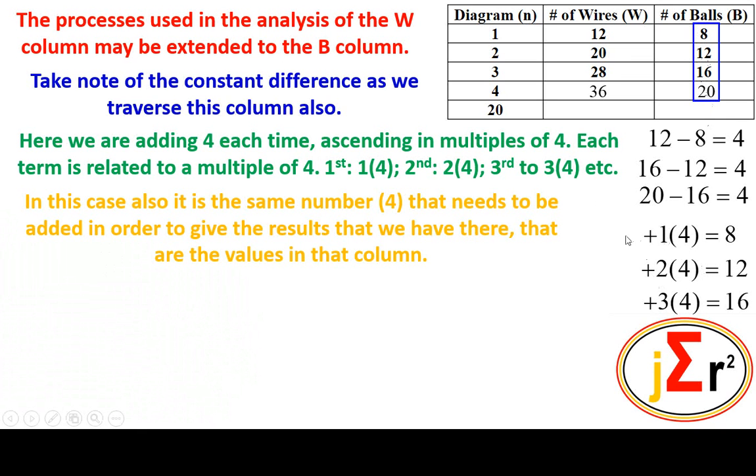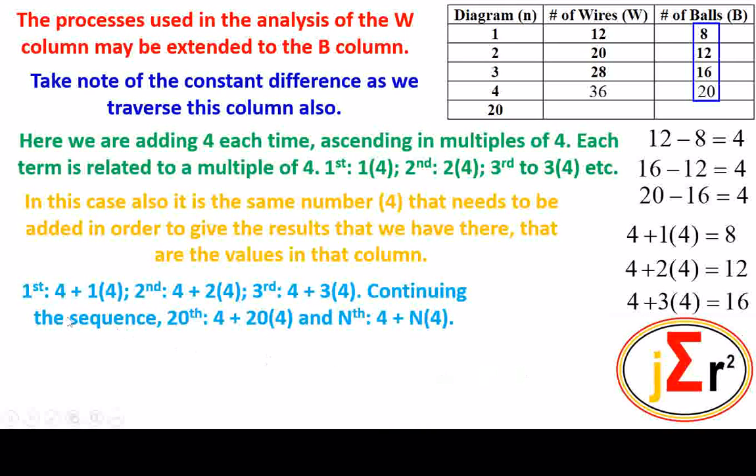If we add 4 in each case, 4 plus 4, that's 8. 4 plus 2 times 4, 4 plus 8 is 12. 4 plus 3 times 4, 4 plus 12 is 16. The first will be 4 plus 1 times 4. The second, 4 plus 2 times 4.